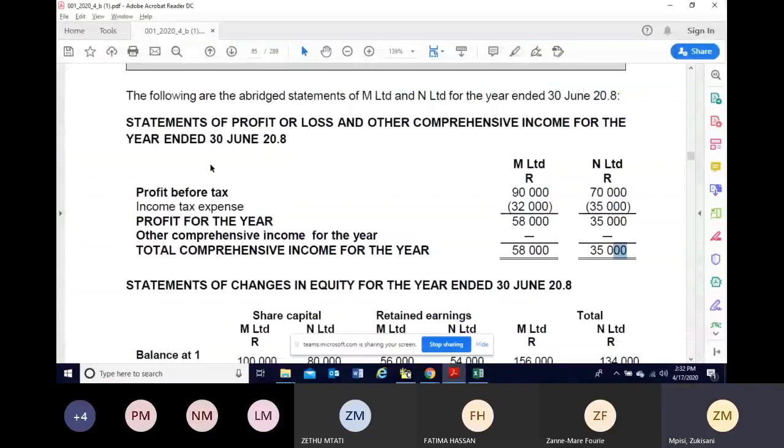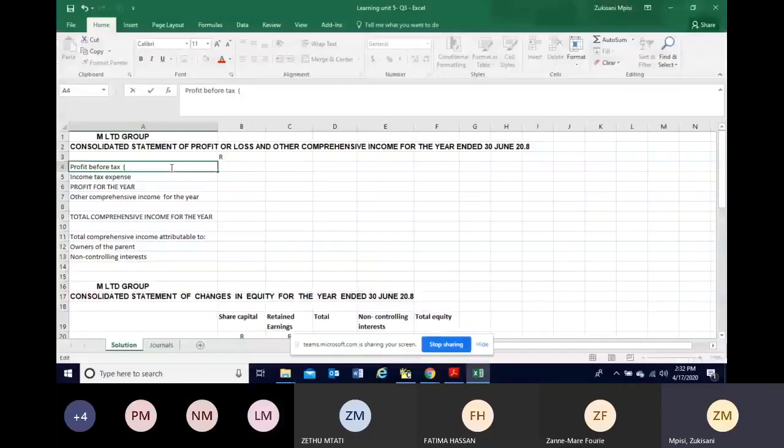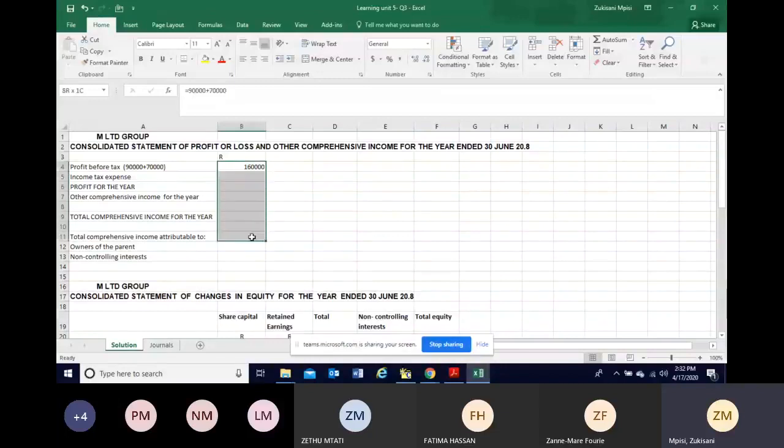Of profit before tax, we've got 70,000 plus 90,000. So we say in the brackets, remember, you have to show all your calculations, 70,000 plus 90,000. That gives you 160.